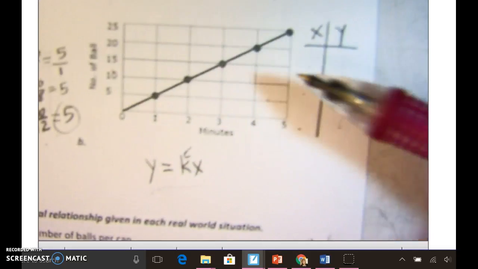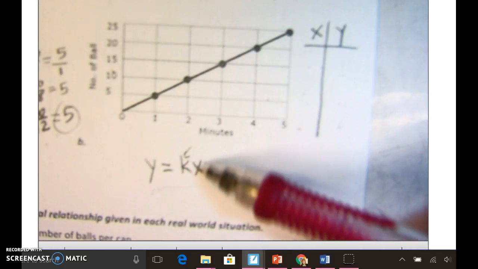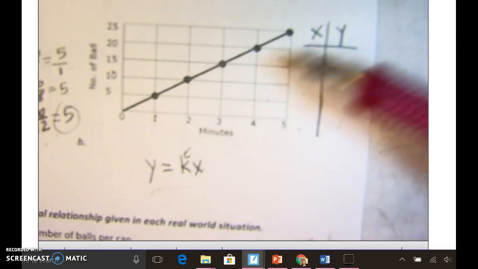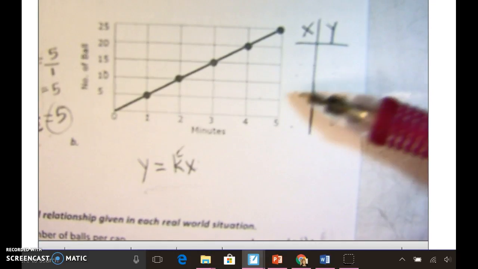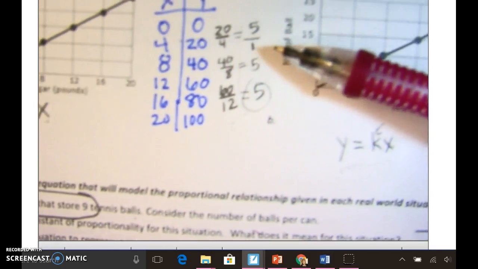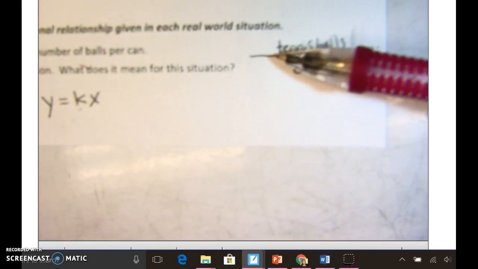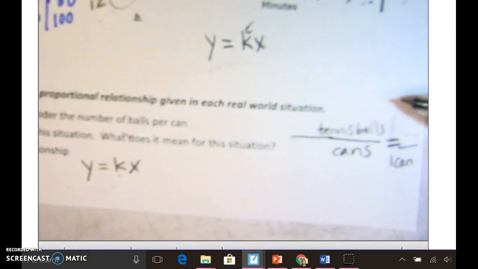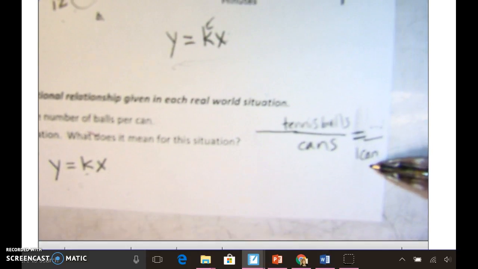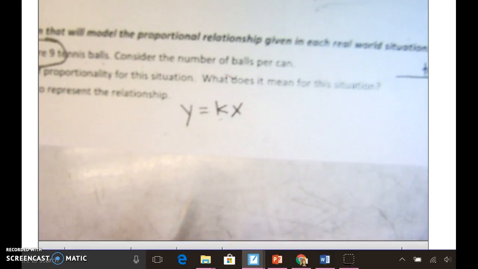We're going to check that you have an equation here, and some number for k that you got by making this chart and dividing your y's by your x's until you see that you get the same number. And we're going to check that you used 3 cans to 9 tennis balls, wrote it as a ratio, reduced it down to the unit rate, how many tennis balls for 1 can, and used that constant to write an equation here.